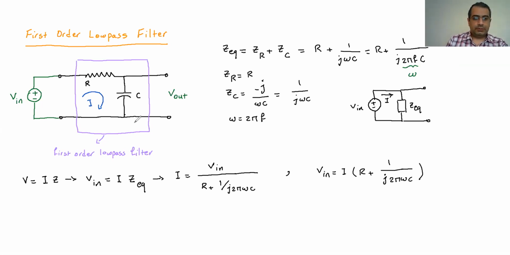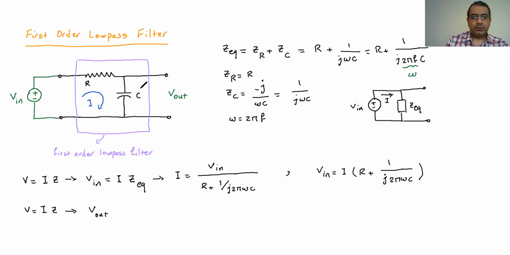For the output signal, I can write the same equation. If I write again V is equal to IZ, then the V out is the same because this port is connected to one end of the C. The voltage at this output is the same as the voltage at the capacitor.